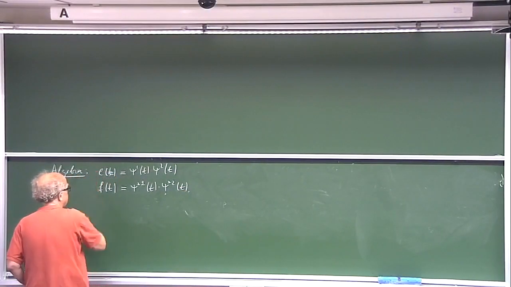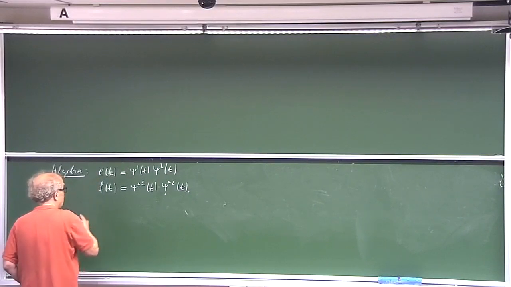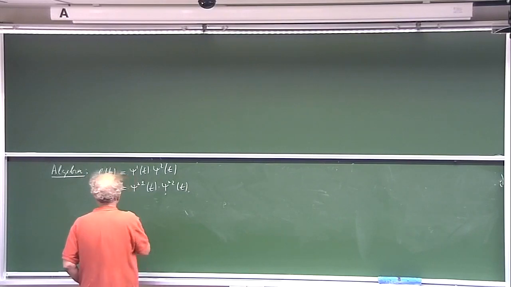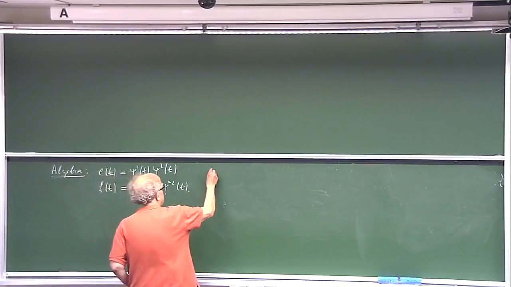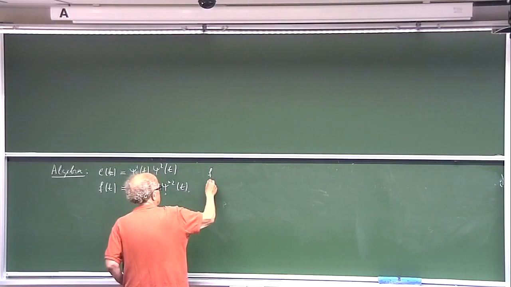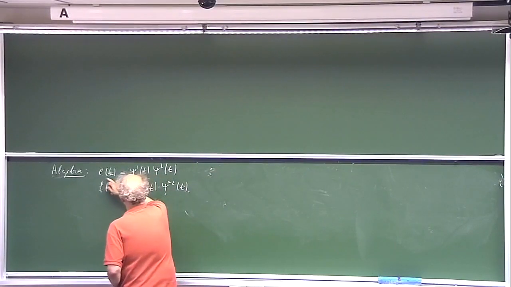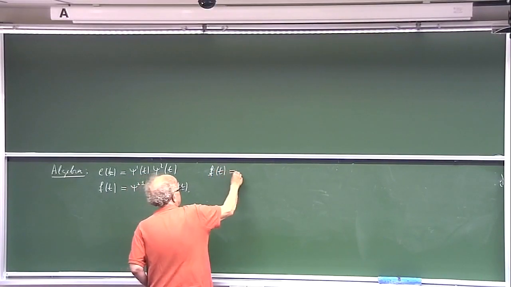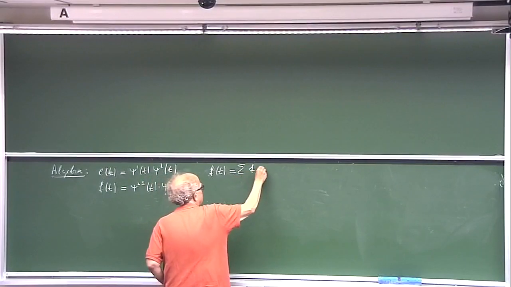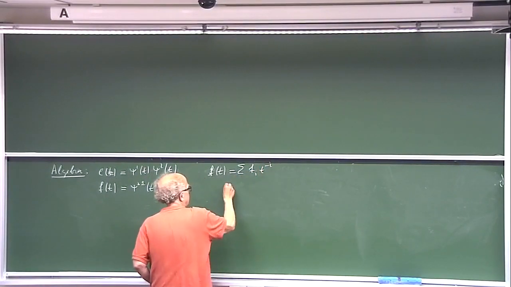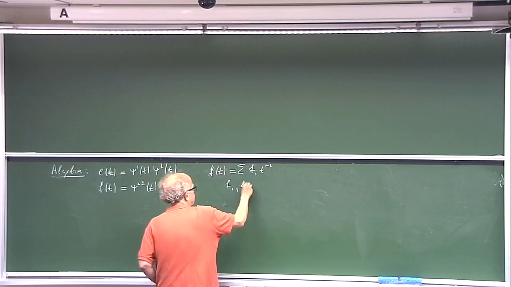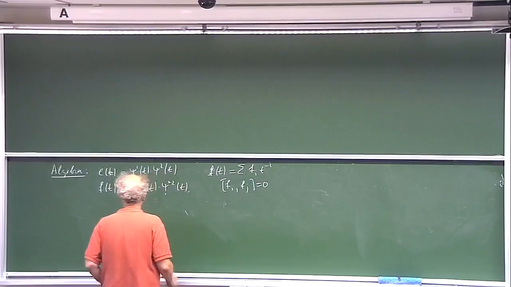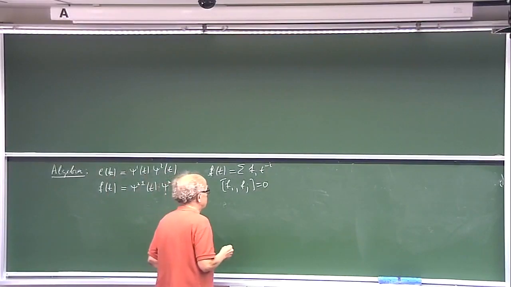Our construction is symmetric, and so about F we know that F_i is psi_i star, and so F_i F_j is 0, and the bracket is the same as for E. What more than that?